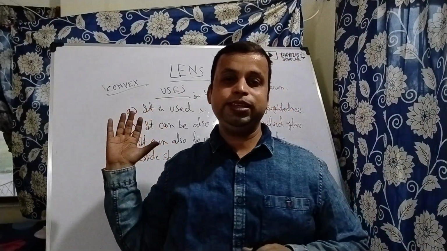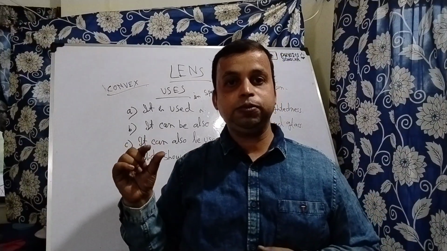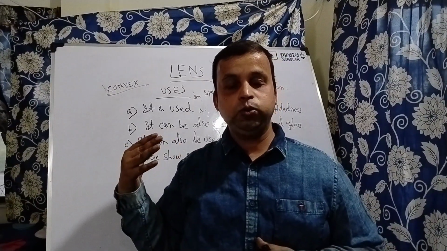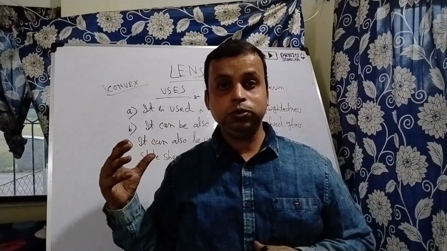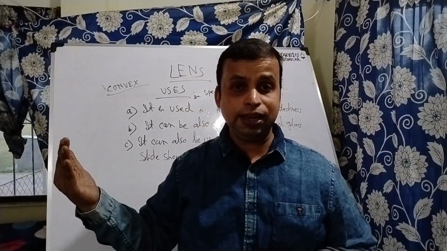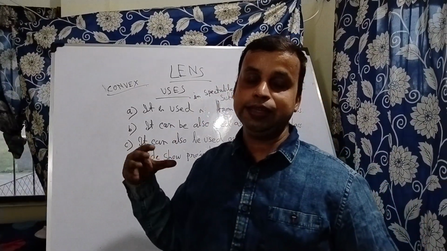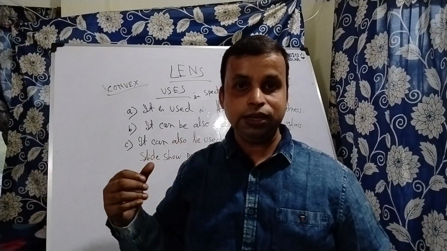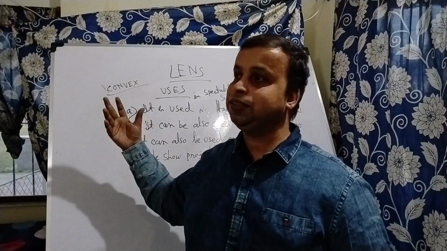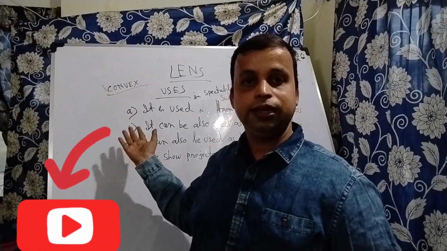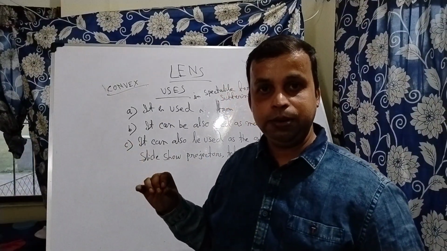These are basically the common uses of the convex lens. It can be used as a lens of spectacles for the person suffering from long-sightedness. Number 2, it can be used as a magnifying glass. And number 3, it can be used as a glass of a slideshow projector or telescope, etc. So this question is a very common and simple question that can come, and you have to write these points. So this is the convex lens.